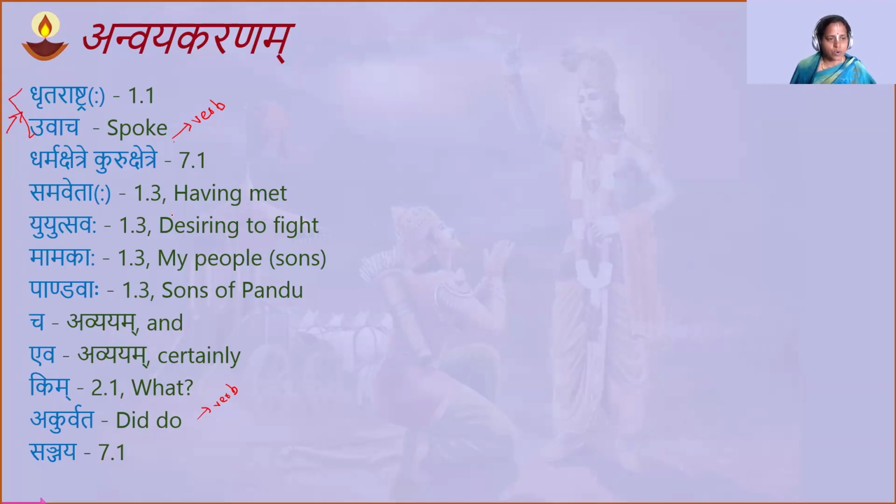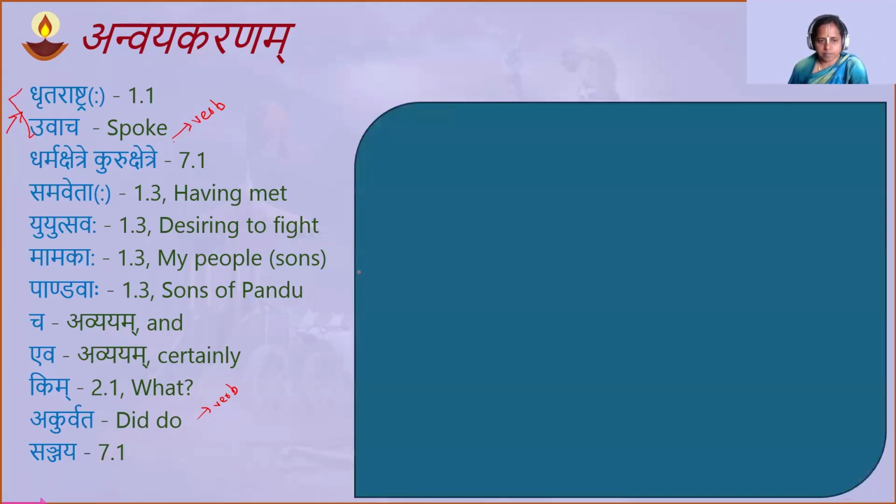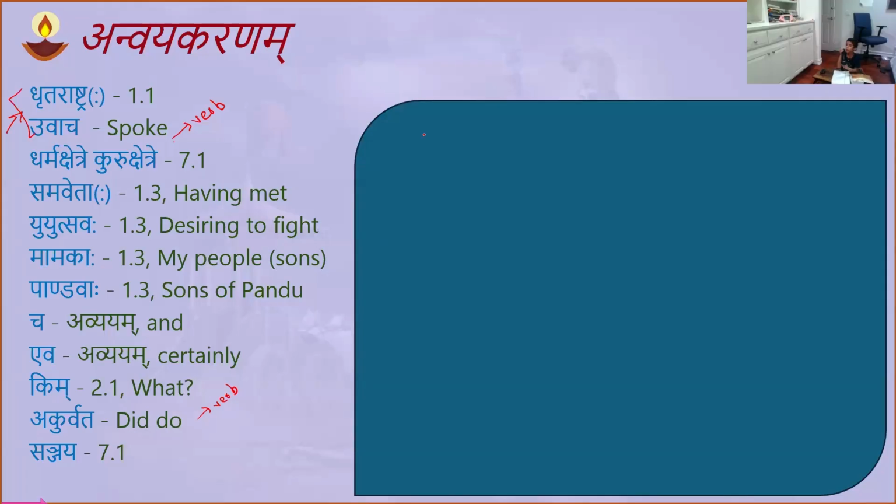Next, let's go to this verb and ask some questions about it. So what is the first question you would ask? Again, we say did, do. Who did this? Right? So what we have to say is kah, because it's plural.